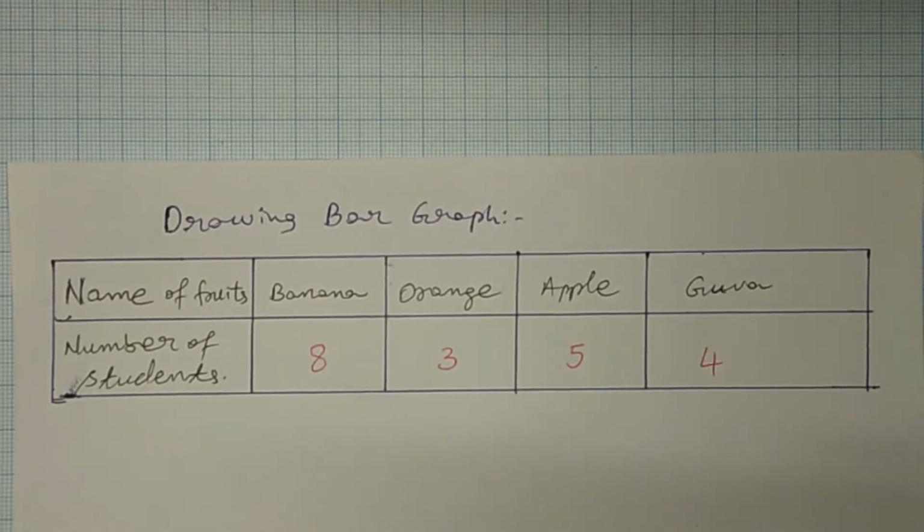For this data we will be drawing a bar graph. Here we have 4 fruits: banana, orange, apple and guava. 8 students like banana, 3 students like orange, 5 students want to have apple and 4 students want to have guava.